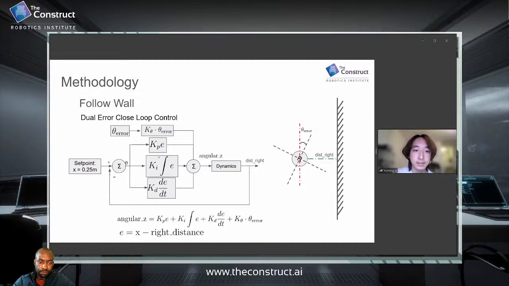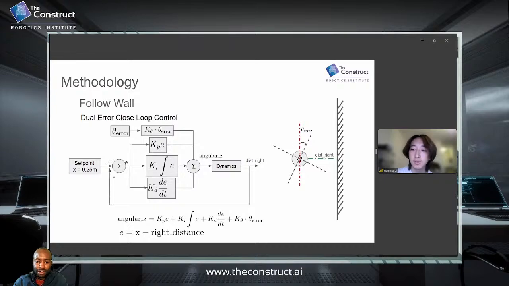But additionally, when I was testing this, I found it is not sufficient. So I introduced an angular term, because I want the robot not only to maintain the distance, but also to align with the wall.